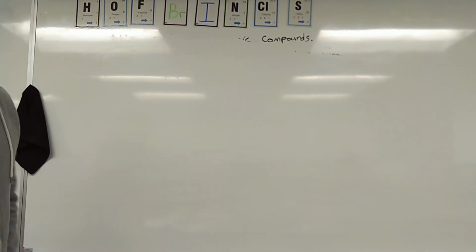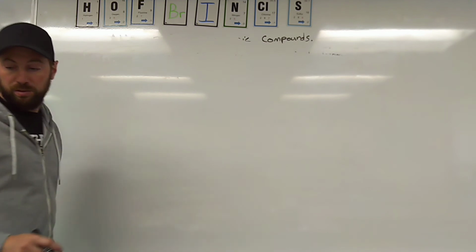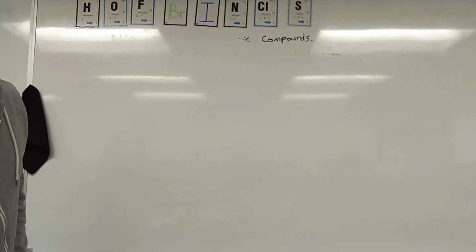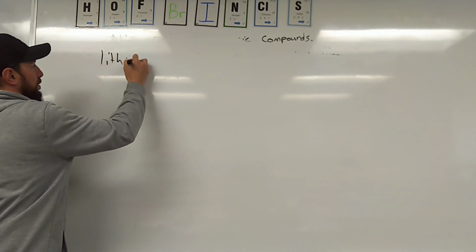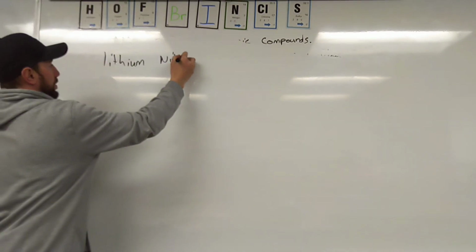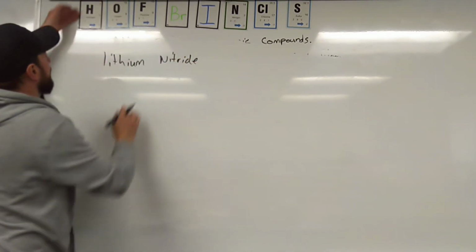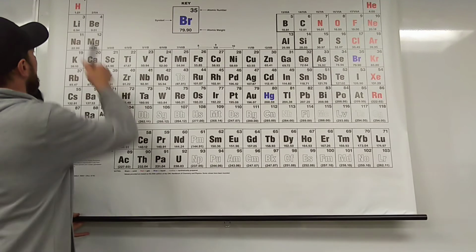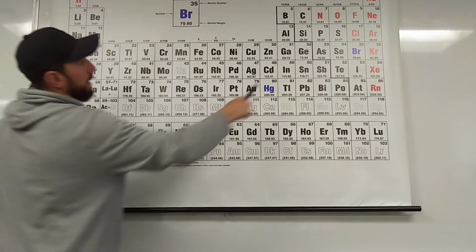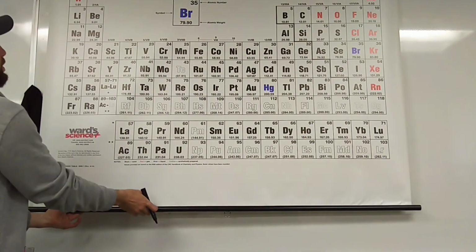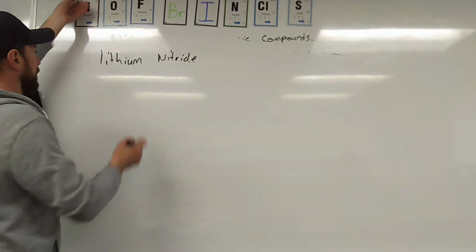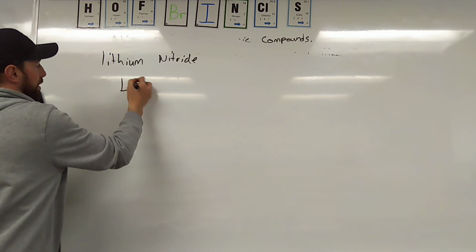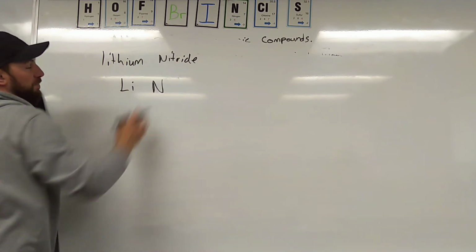So lithium nitride. So lithium, we'll find it on our table, is Li, and nitride is nitrogen. So lithium, Li, N. Now we need to find the charges.